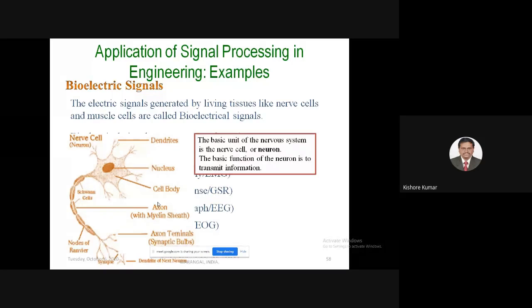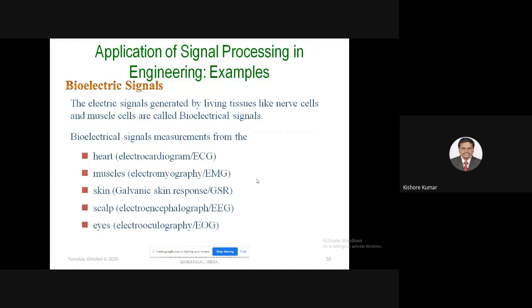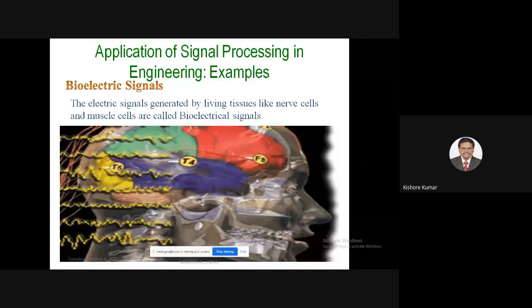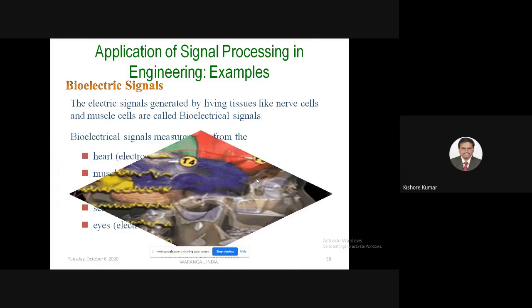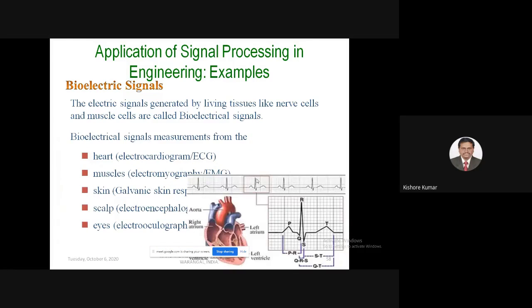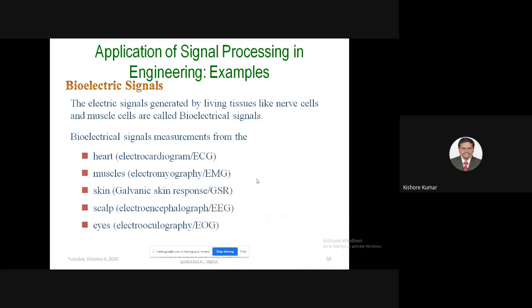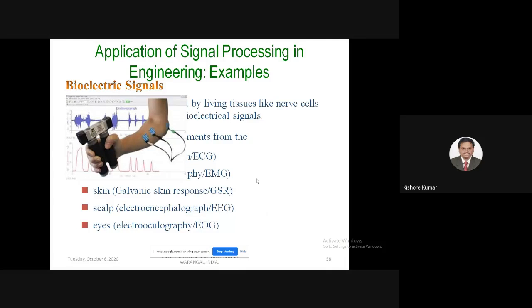The basic unit of the nervous system is the nerve cell, a neuron, and the basic function of the neuron is to transmit information. So this is galvanic skin response.